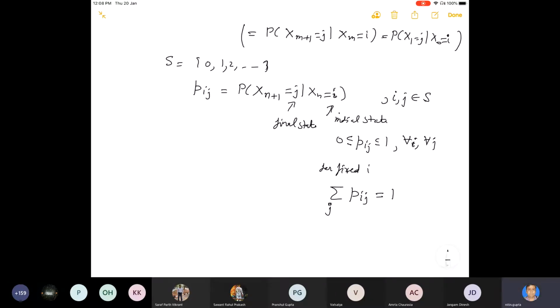If I make i here and j here, where i is 0, 1, 2, and so on, we can make a transition probability matrix here, which is P00, and P01, initial is 0, final is 1.